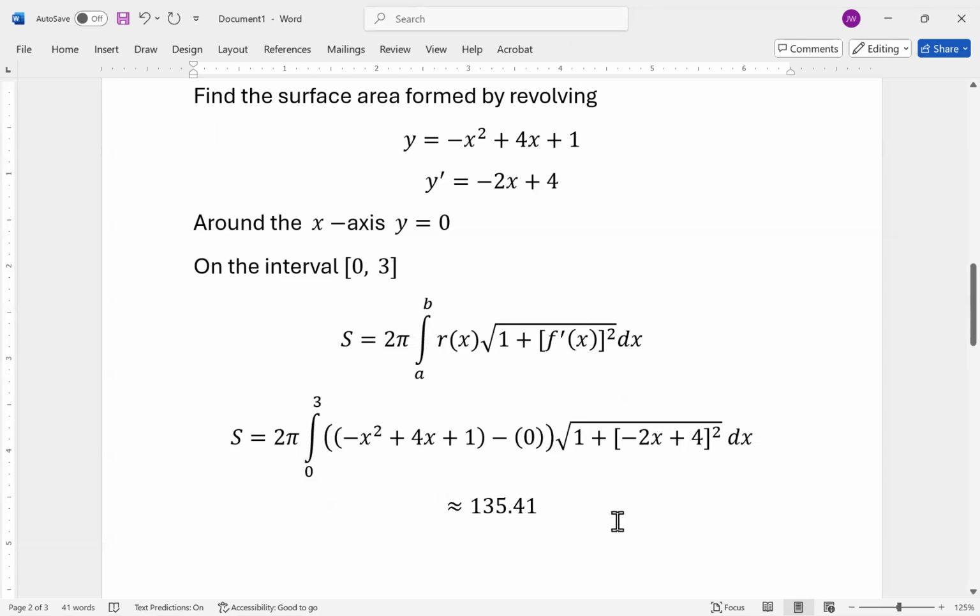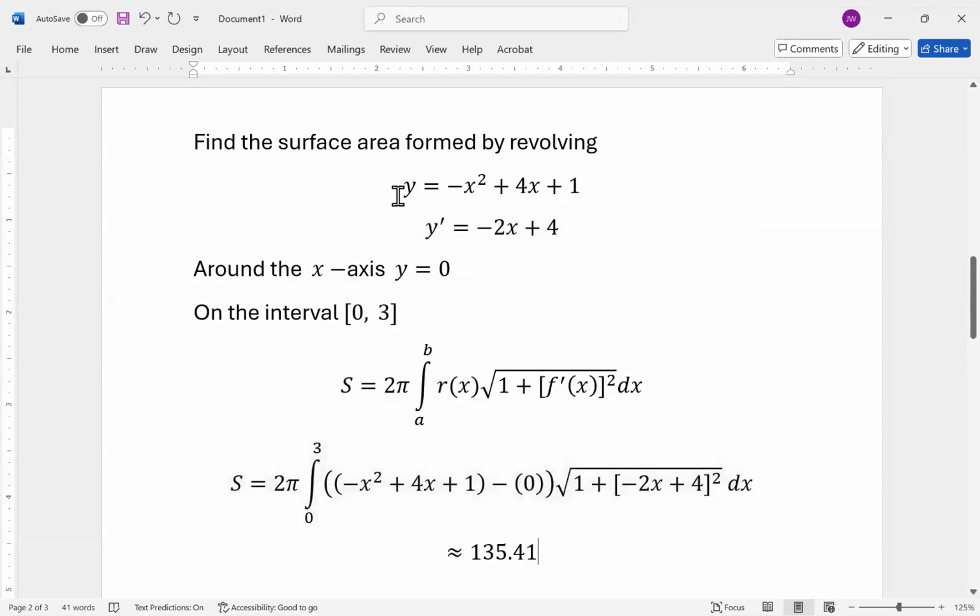So there we go. That's the idea. So surface area is 2 pi radius times the square root of 1 plus the derivative of f squared, integrated with respect to x, and then we're off to the races.